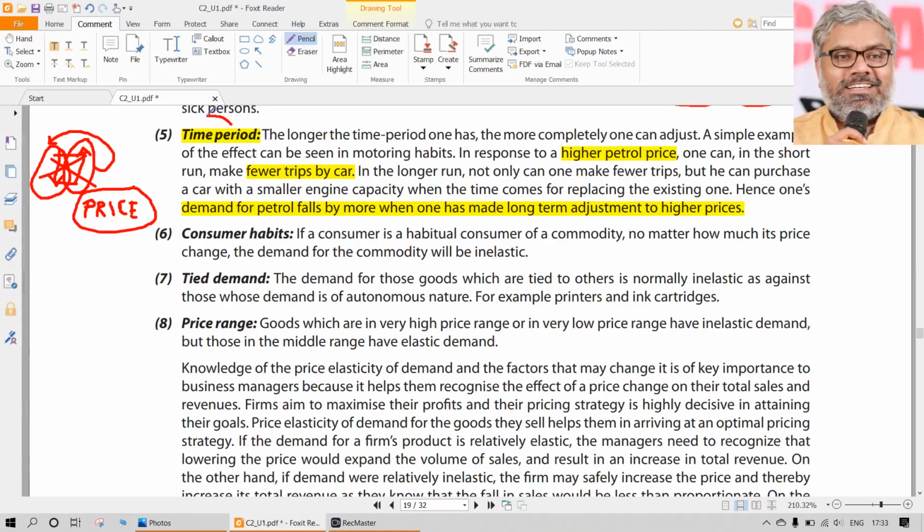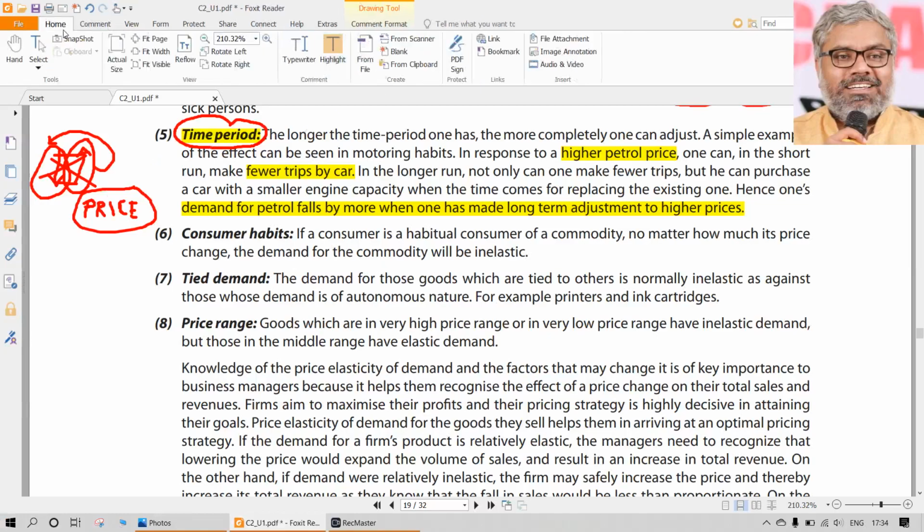That is why the time period also matters. If they have time to adjust themselves to this change in the price, then they will do that adjustment. If they cannot, then they will reduce the consumption of such a product. So naturally it will have an impact on the demand immediately. So the time period is another factor.